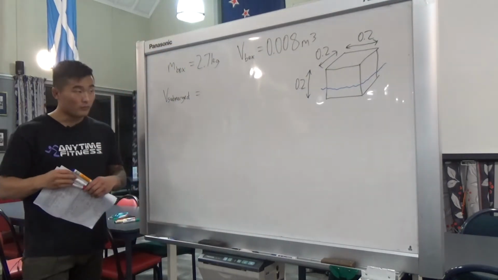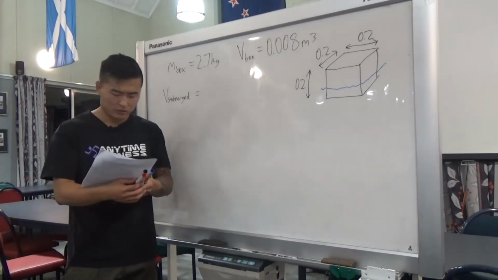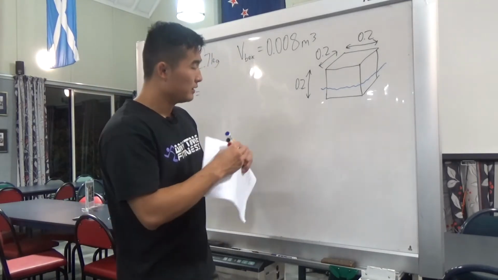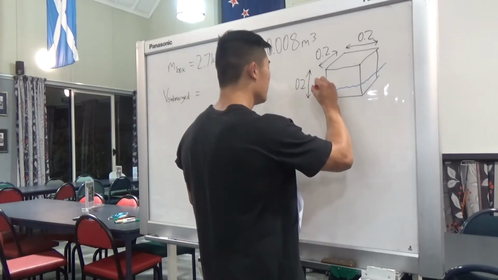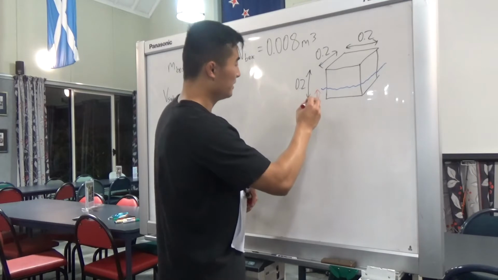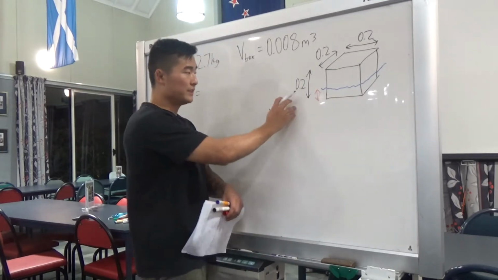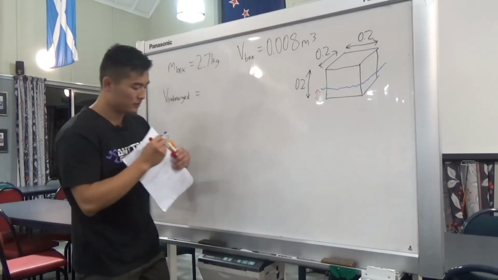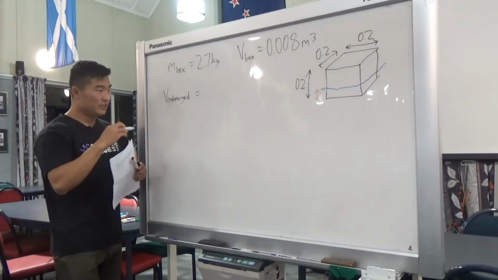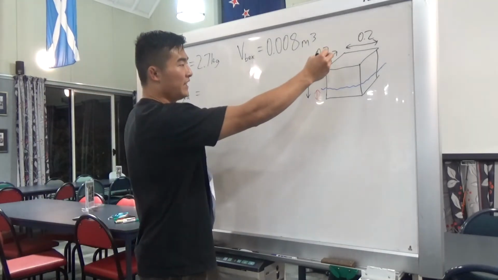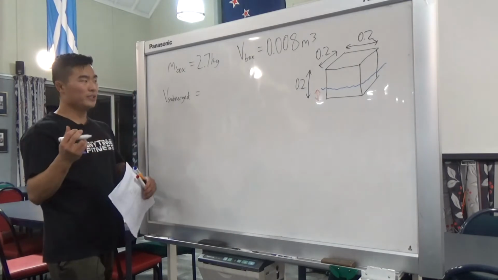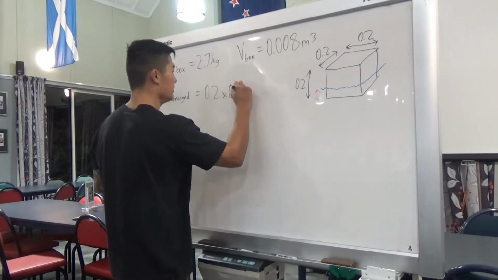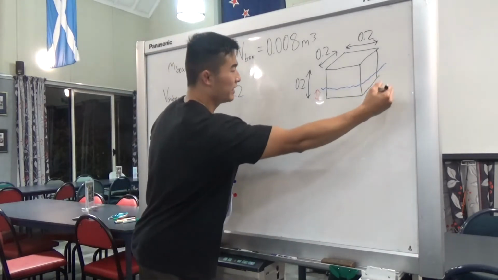Okay. So the volume of the box that's now submerged is going to be 0.2 divided by 3, right? So I'll just start again. So we'll just do the length and the width first. So the volume is going to be length times width times height. So that's 0.2 times 0.2. So that's the length and the width.